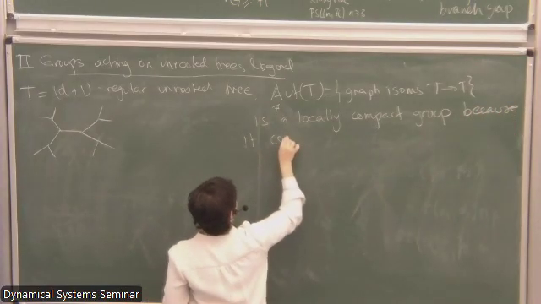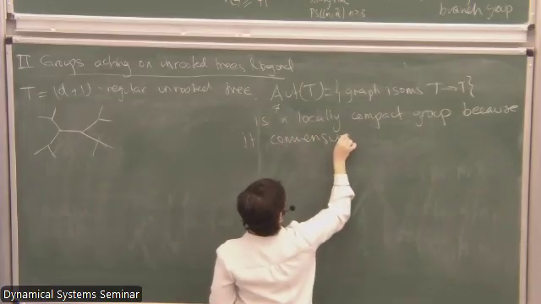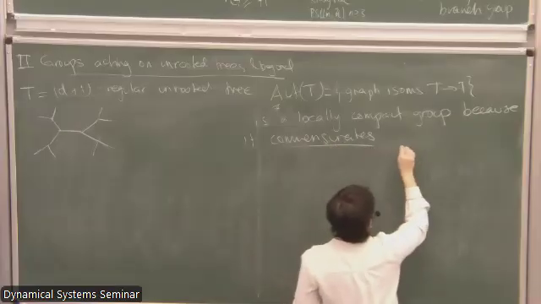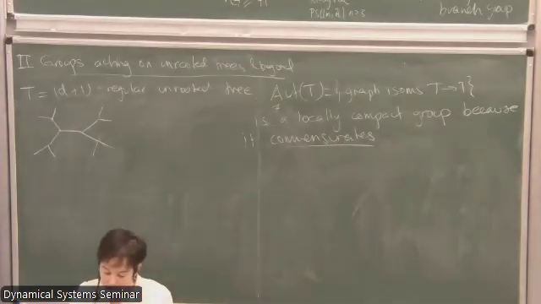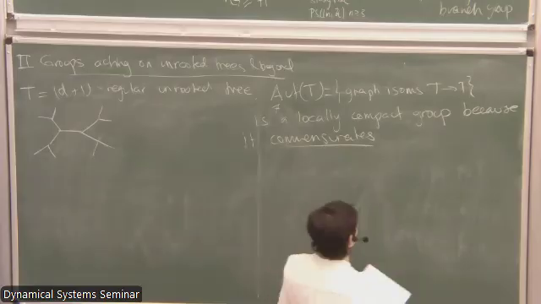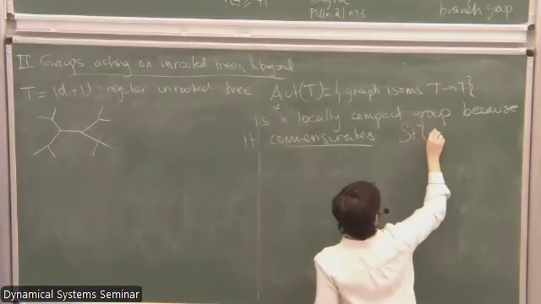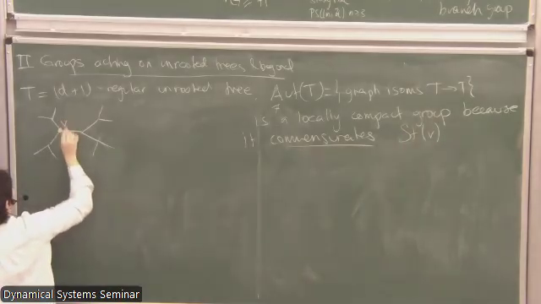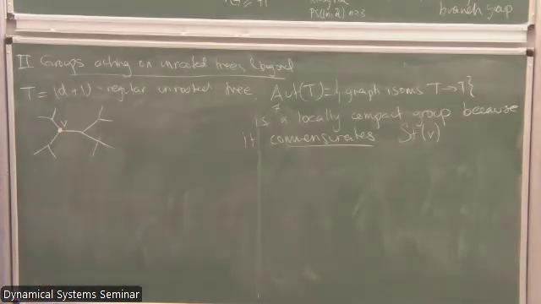it commensurates. So I'm going to repeat what Hannah defined the other day. It commensurates the stabilizer of, I'm going to choose once and for all some vertex V in my tree. It doesn't matter which one it is, just choose it. And this is going to act as my origin. So if you want, you can think of the tree as being like the affine plane and I'm just choosing an origin.